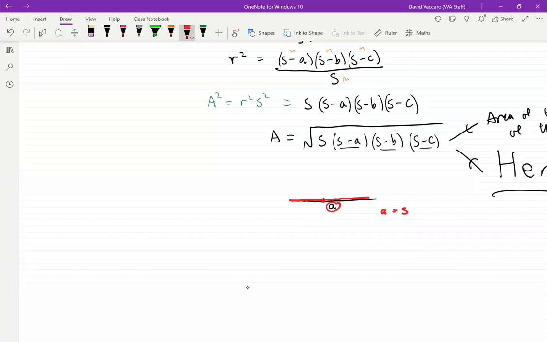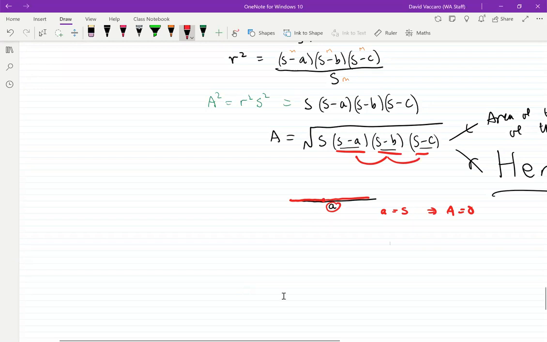So if one of the sides is equal to the semi-perimeter, then the area is equal to 0. So I shouldn't be at all surprised by these three brackets.